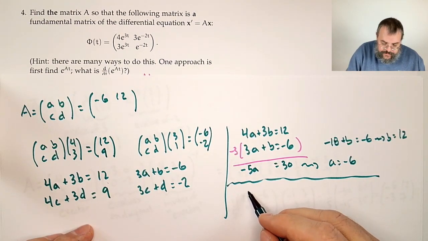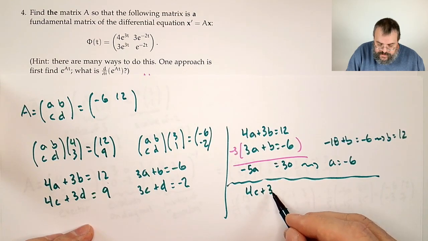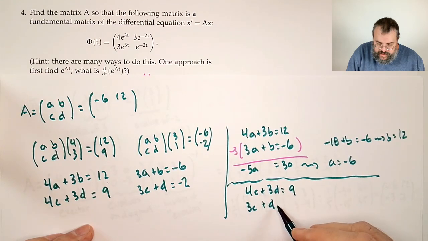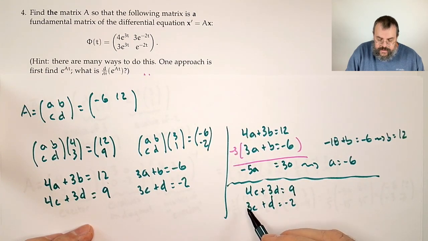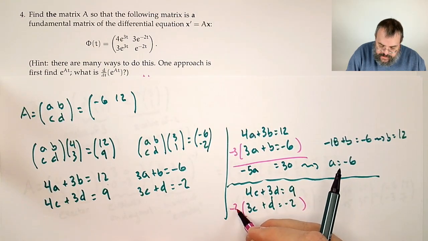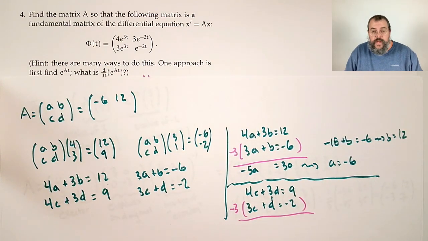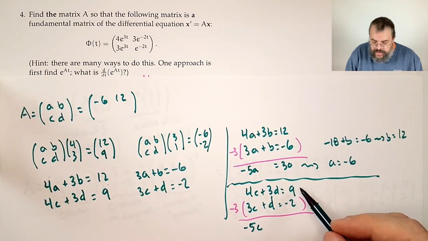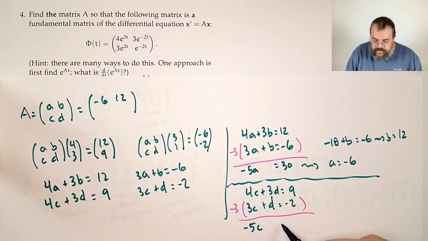So we have 4c plus 3d equals 9. 3c plus d equals negative 2. Same process, multiply here by negative 3 and add. What will we get? Well, we'll get minus 5c, 0d, and here 9 plus 6 makes 15.